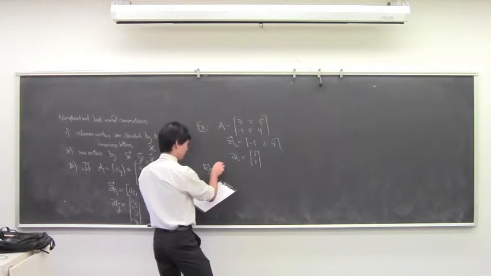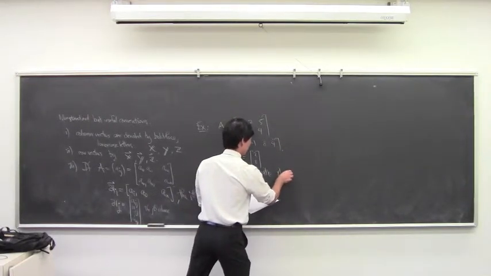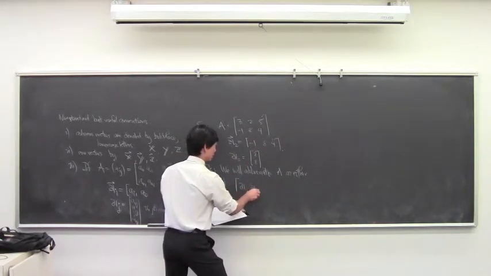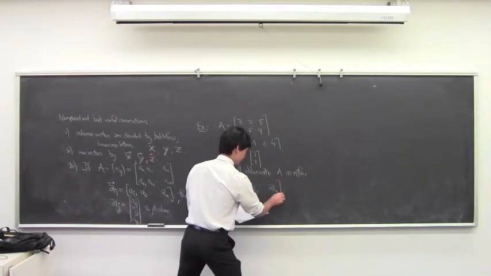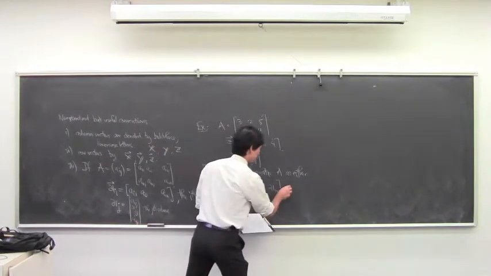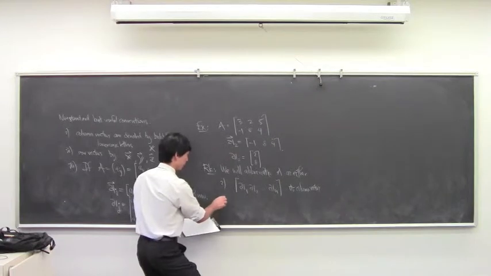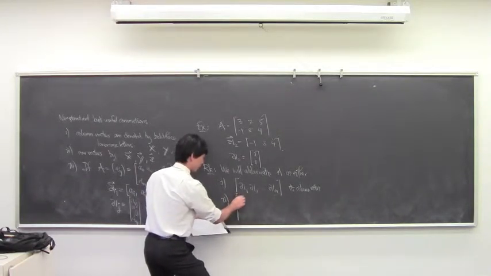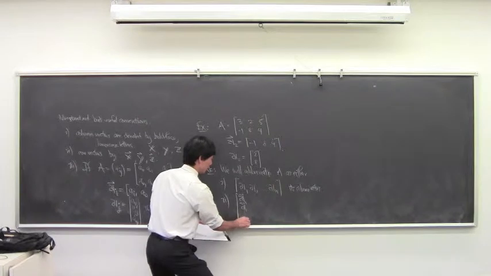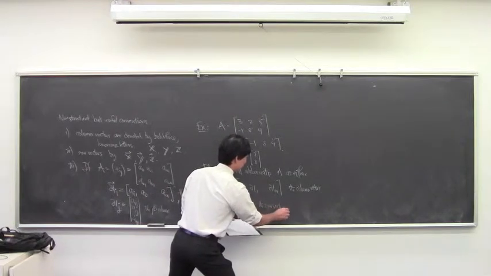We will abbreviate A as either a1, a2, up to an, so I'm expressing A as its column vectors, or I can express A like this: a1 arrow, a2 arrow, up to am arrow, its row vectors.